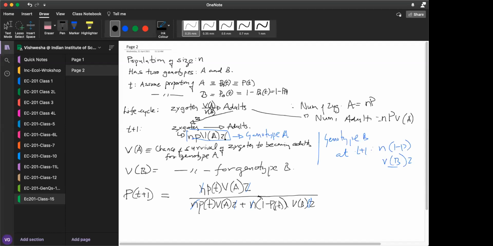Okay, I'll assume it's ZA. I'm sorry, it's just becoming so cluttered. So this is ZA, and this becomes ZB. This basically means that type A and type B produce different numbers of zygotes.